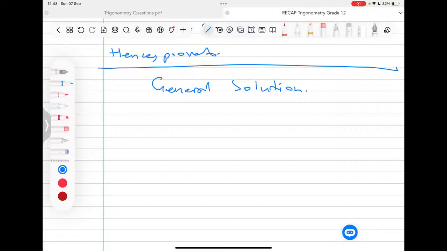Now, when you are dealing with a function or a trigonometric ratio that is defined by sine, for example sine theta, here I'm saying sine theta is equal to some number a, right?